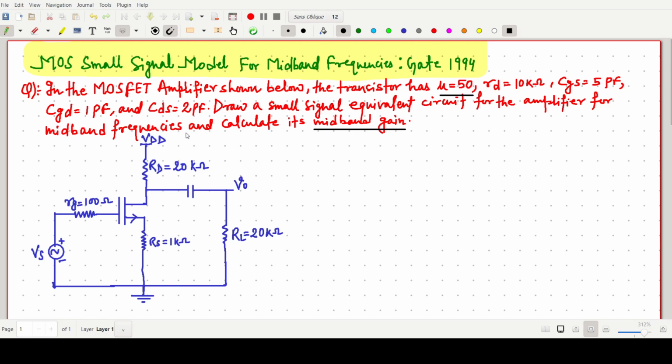So what is mid-band frequency, that we have to learn first. The corresponding circuit is given here. Before the problem solving, we have to go for some theoretical knowledge. For this purpose I am making the frequency versus gain plot of a MOSFET.